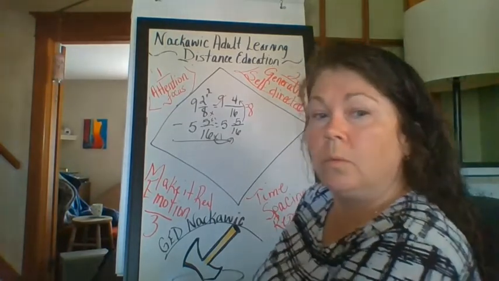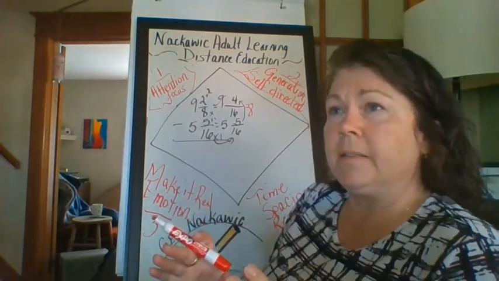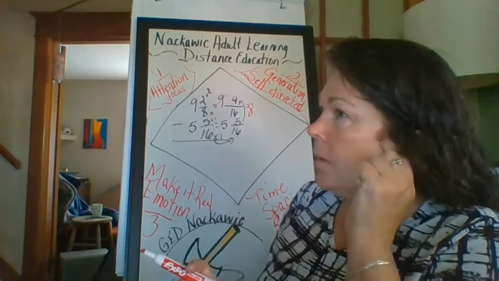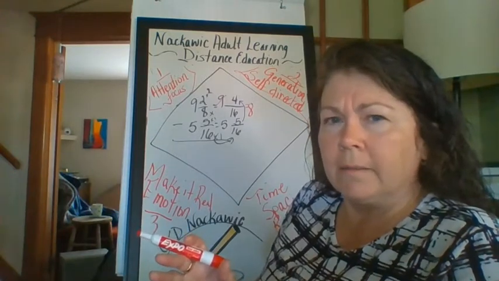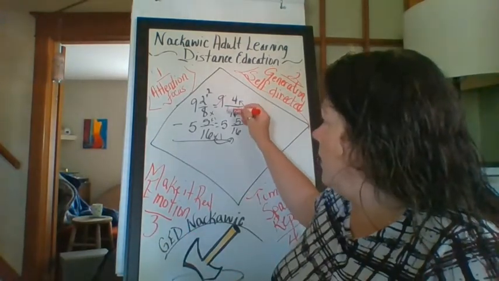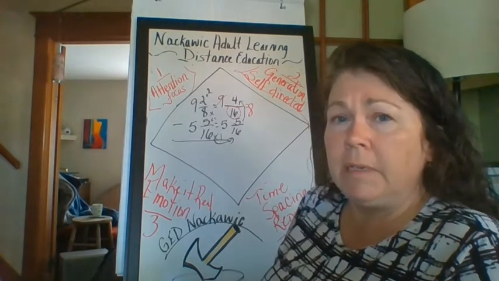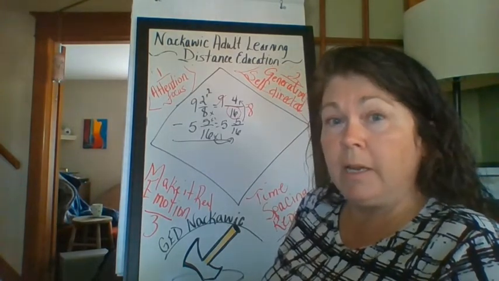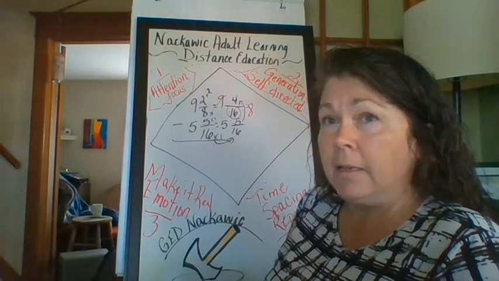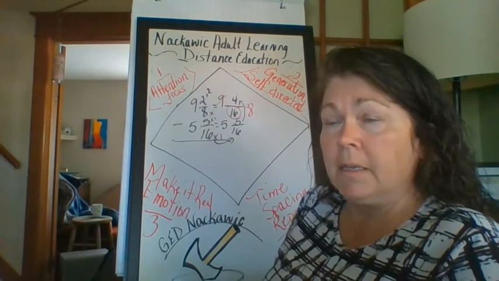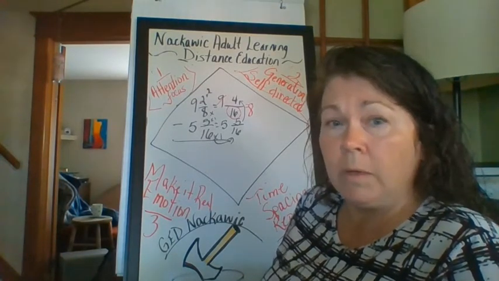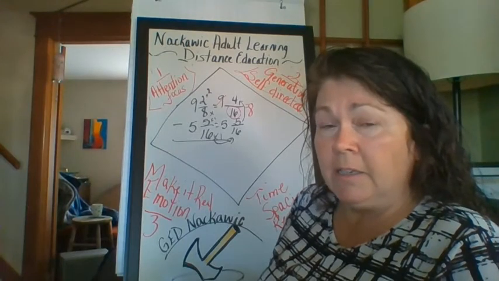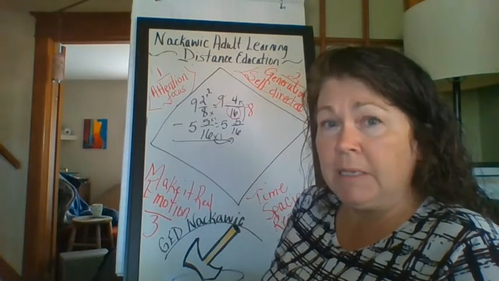So how can I represent that 9? 9 of what? Remember, this bottom number, the denominator, is your clue about how many pieces a cake is cut in or a pizza is sliced in. So this particular thing, whatever you choose it to be, is divided into 16 pieces.